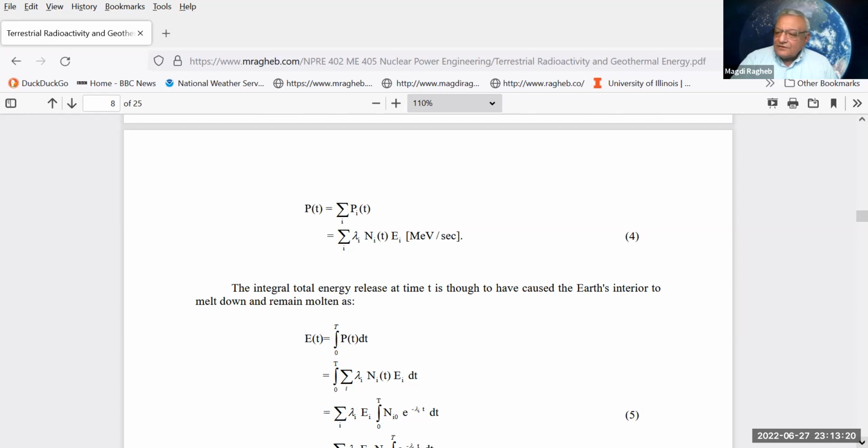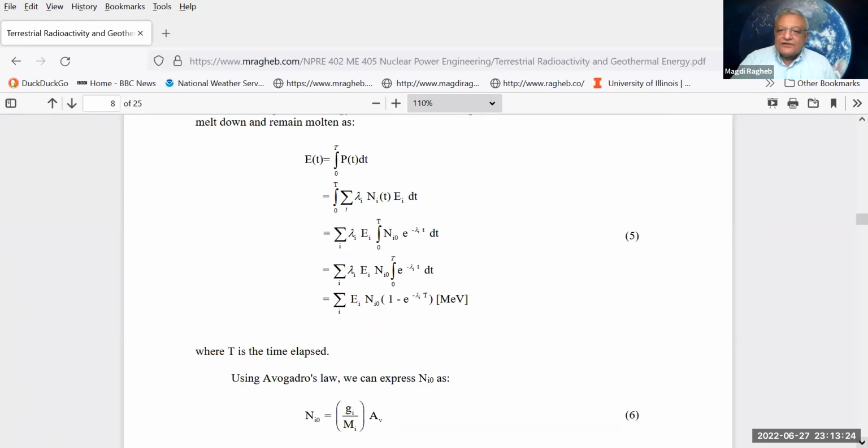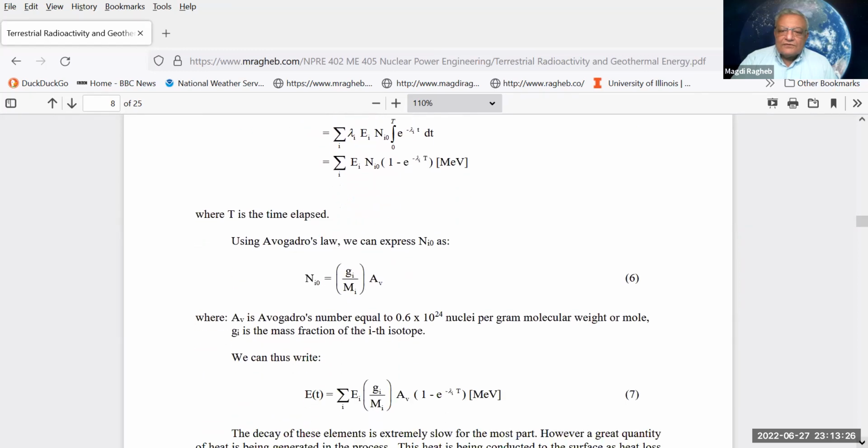And you notice that a huge amount of energy has been produced over the lifetime of the Earth. We can use Avogadro's number here to determine the initial number of the isotopes of interest.